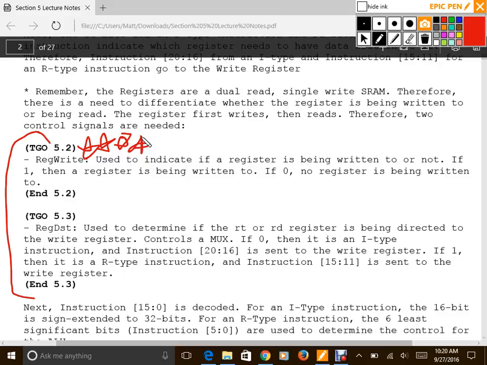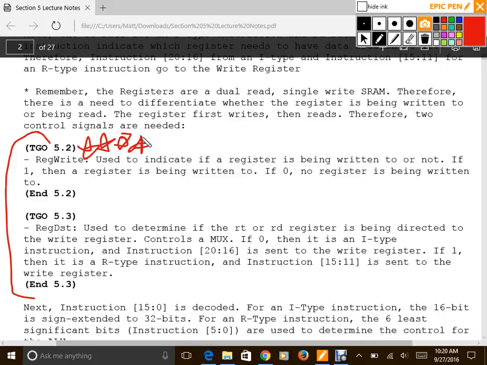If register write is 1, I want something to be written in the registers. If it's 1, then what I care about is which one am I choosing? And we're going to see in the drawing down here in a second that you're making a decision between 20 to 16 and 15 to 11. Which value am I actually writing to?